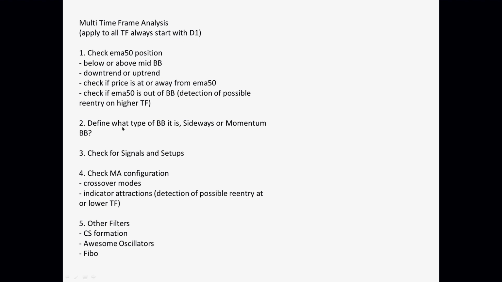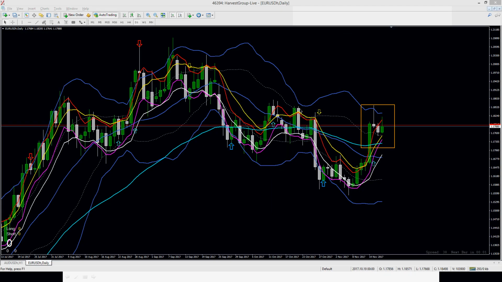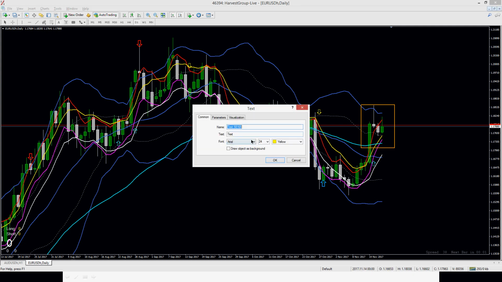Okay, so the next one is we need to define what particular Bollinger Band it is. Is it sideways or momentum BB? Looking at this Bollinger Band, you know that this is a sideways Bollinger Band, so it's extreme B over here.